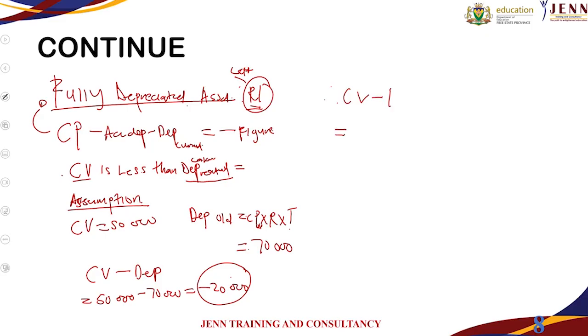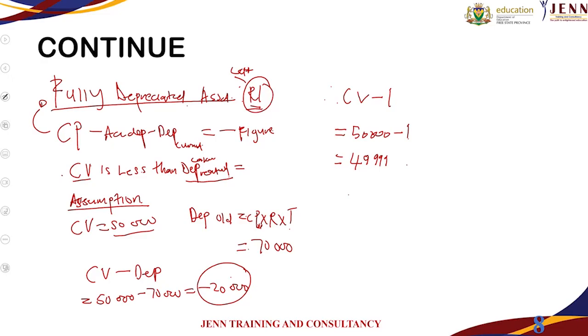How much is our carrying value? It was 50,000. Then we take the 50,000 and subtract 1. Let me erase here, sorry, I just made a blunder.